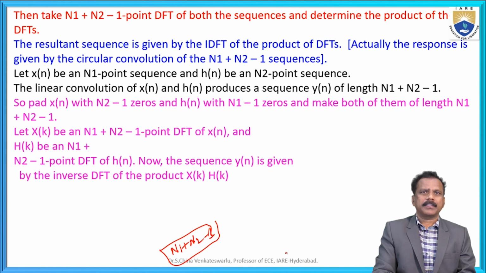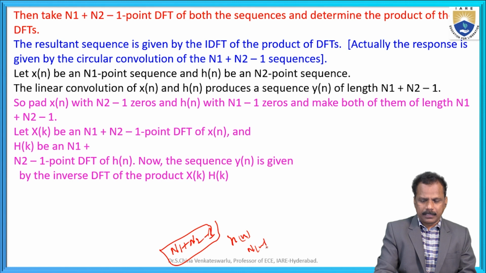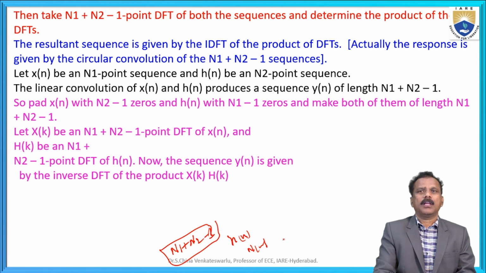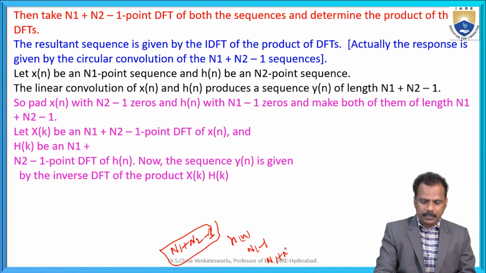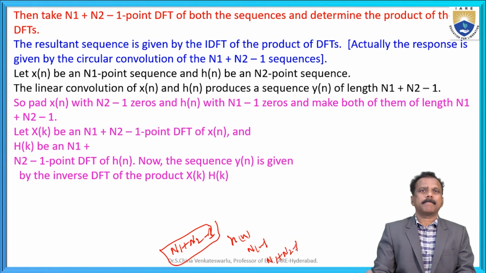So add x of n with N2 minus 1 zeros, and h of n with N1 minus 1 zeros. Make both of them of length N1 plus N2 minus 1.